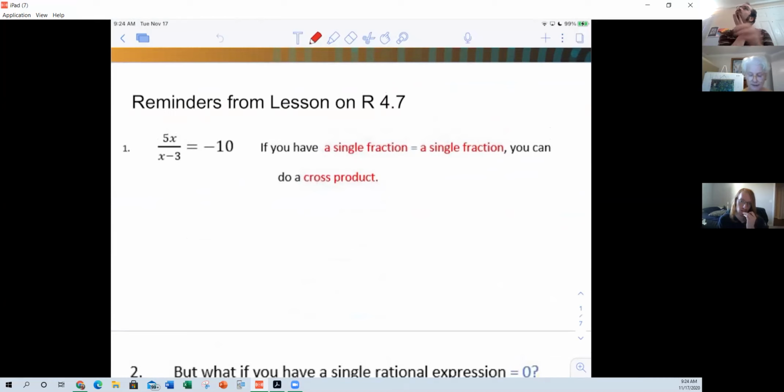So if you have something like this, 5x over x minus 3 equals negative 10 over 1, you see you have one rational expression equal to exactly one rational expression, so you've got a ratio going on here.